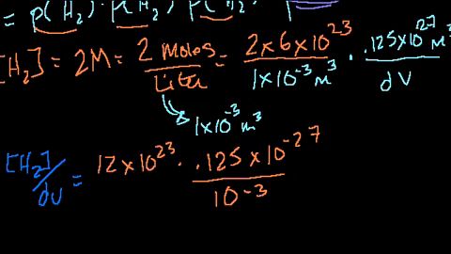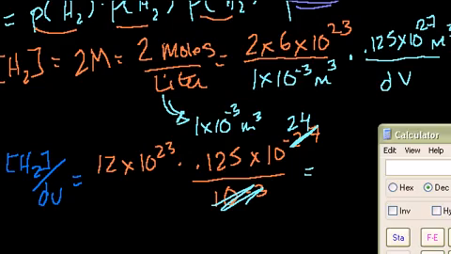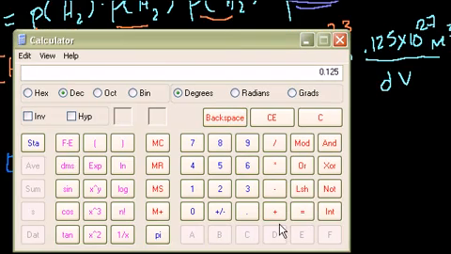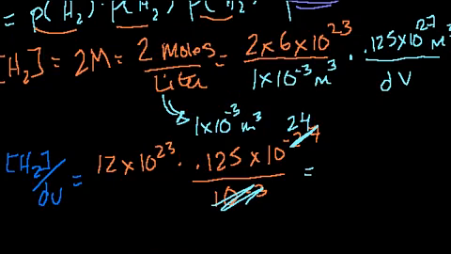So let's cancel out some exponents. If we get rid of the minus 3 here, you divide by minus 3, then this becomes minus 24. So what's 12 times 0.125?